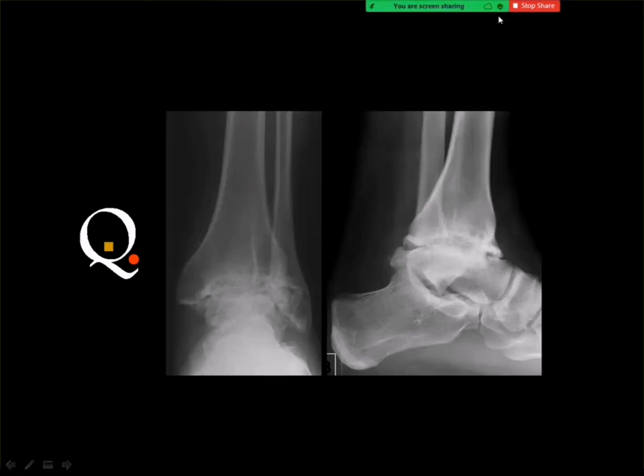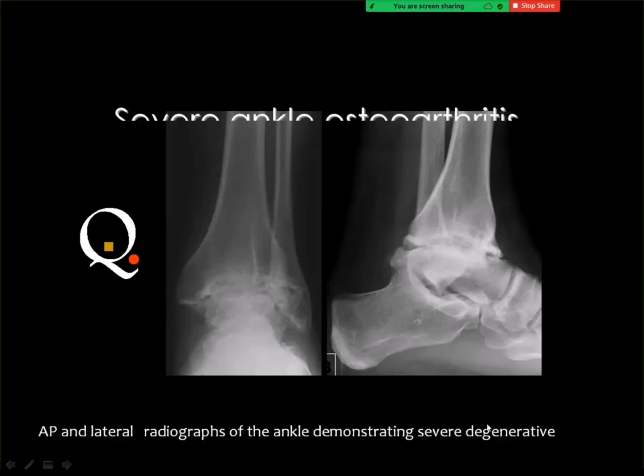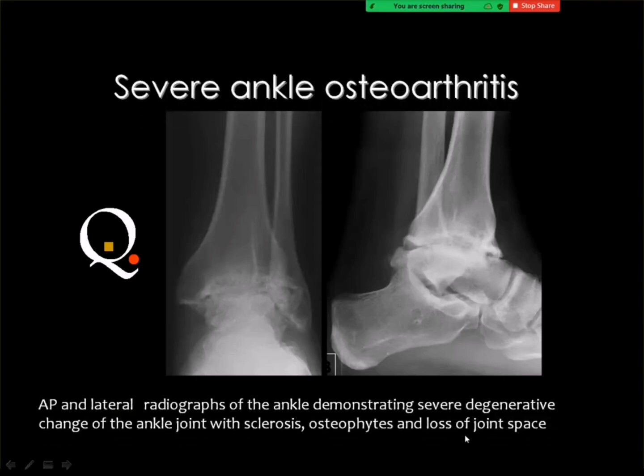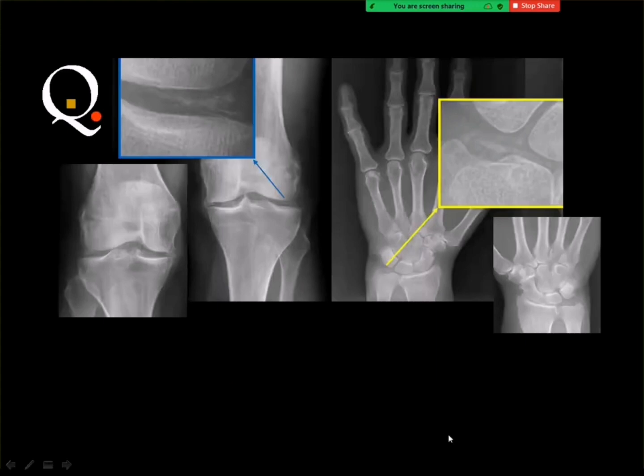Yes, and this is osteoarthritis, severe osteoarthritis of the ankle joint with all the findings of osteoarthritis: narrowing of the joint space, subarticular bone sclerosis, osteophytic lipping of the articular surfaces, and you may appreciate some pseudocystic changes as well. This is a severe ankle osteoarthritis.